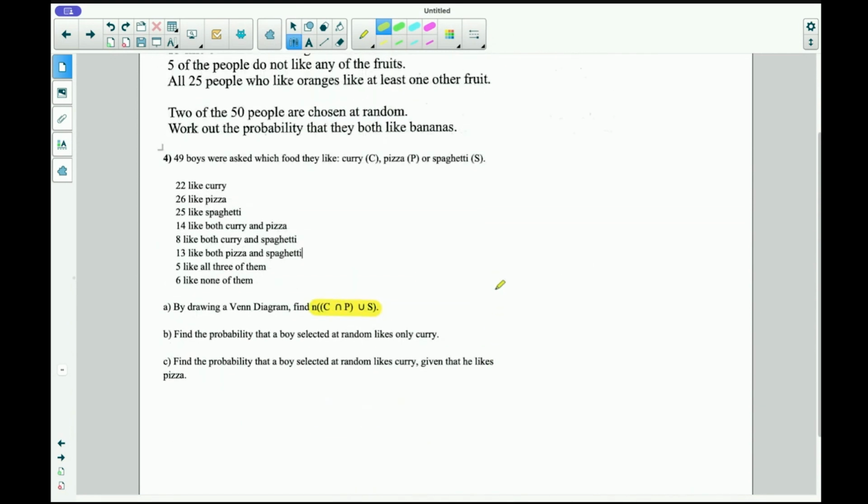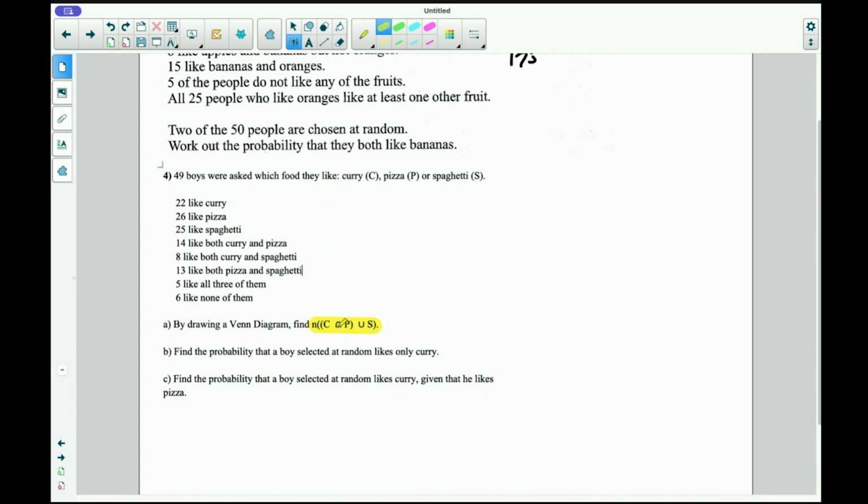We have n of C with the upside down U, that is the intersection notation, with the union of S. Okay, so basically what this little sentence is saying is that we want the number of elements. Elements is just a fancy way of saying number of boys in this case, who happen to like.